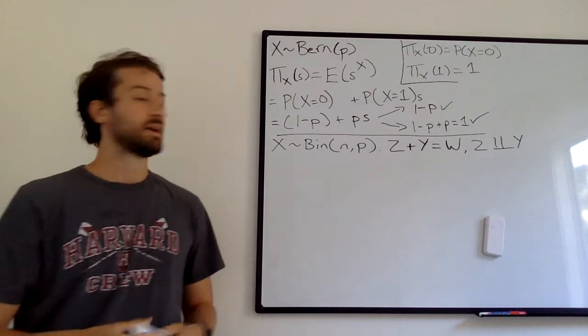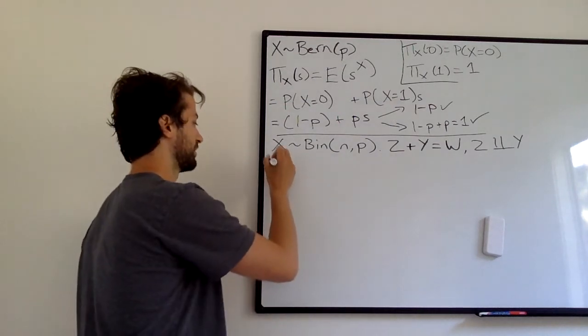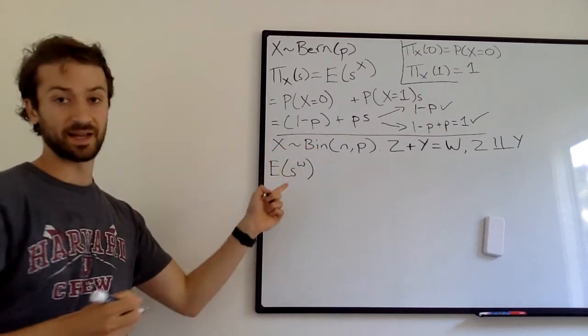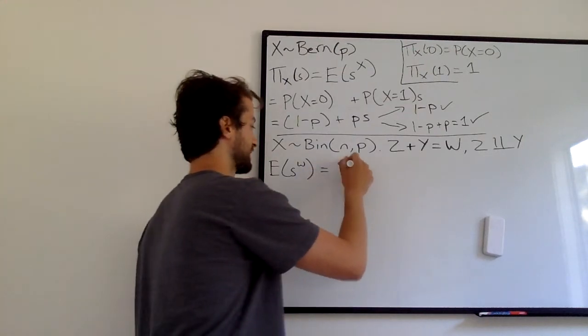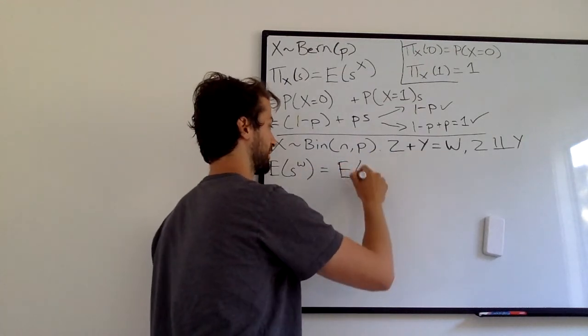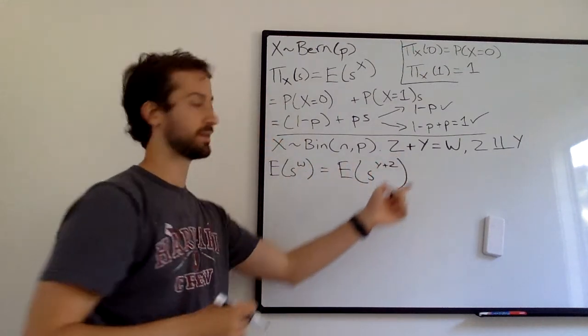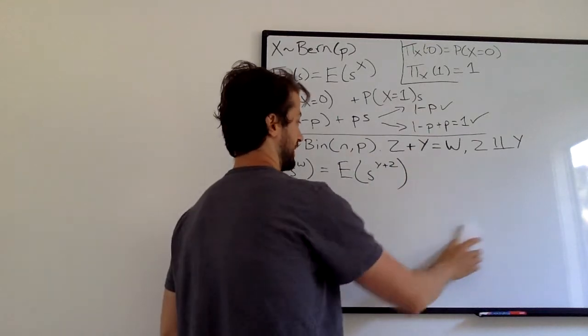Okay. Let's think about finding the PGF of w. So the PGF of w is the expected value of s to the w, right? W, again, is the sum of two other independent random variables. We can expand that. We can just plug in z and y for w, so s to the y plus z, right? I'm just plugging in w equals y plus z, or z plus y.